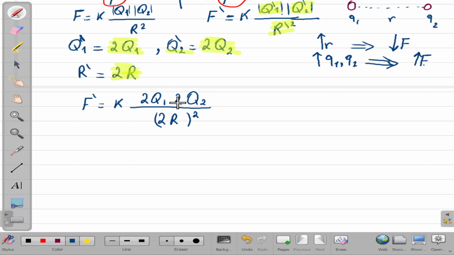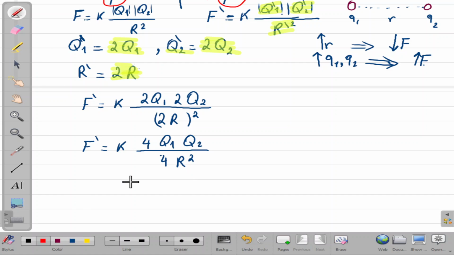So we should multiply 2 times 2. Therefore, we get that the new force is equal to K times 4 Q1 Q2 over the square of 2R, so let's square 2. 2 times 2 is equal to 4, and the square of R is R squared.